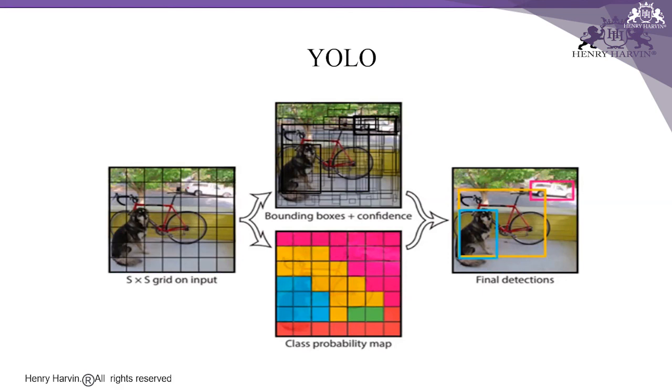The model has a number of benefits over other object detection methods because it is extremely fast. It sees the entire image during training and test time. So it implicitly encodes contextual information about classes as well as their appearance. And YOLO learns generalized representations of objects so that when trained on natural images and tested on artwork, the algorithm outperforms other top detection methods, right?